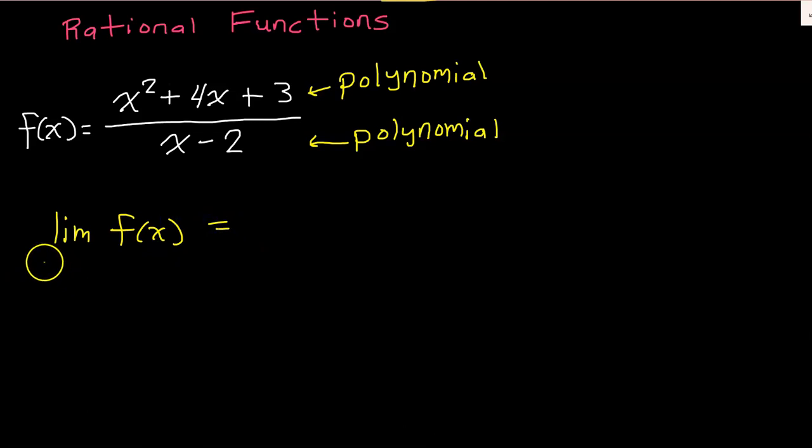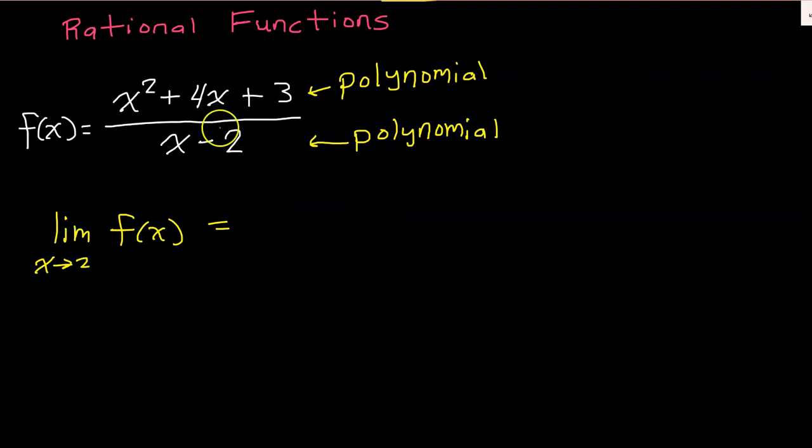Well, if I wanted to take the limit as x approaches 2, could I just do direct substitution and substitute 2 in for all the x's like I did for the polynomial? Could I just do f at 2? I'm hoping you're jumping out of your seat and saying, no, that would not work.